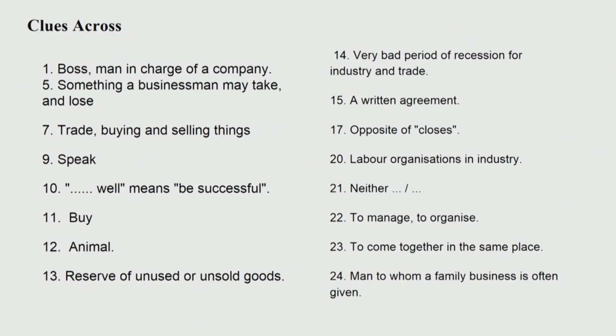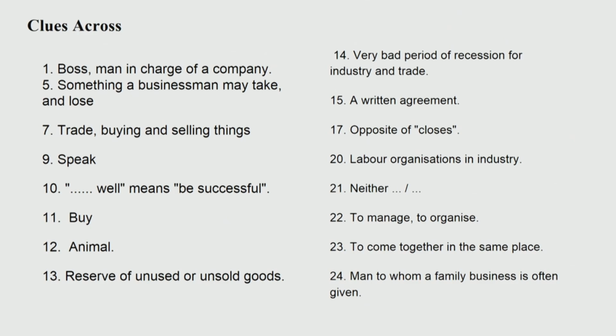First, boss, man in charge of a company. 5, something a businessman may take and lose. 7, trade, buying and selling things. 9, speak. 10, well. 11, buy. 12, animal. 13, reserve of unused or unsold goods. Number 14, very bad period of recession for industry and trade.